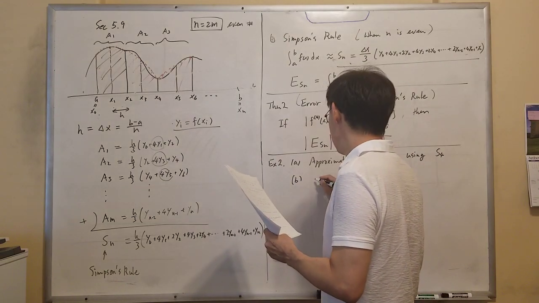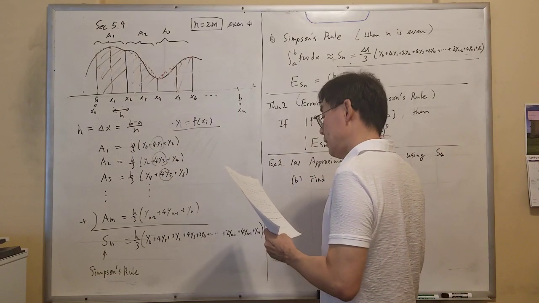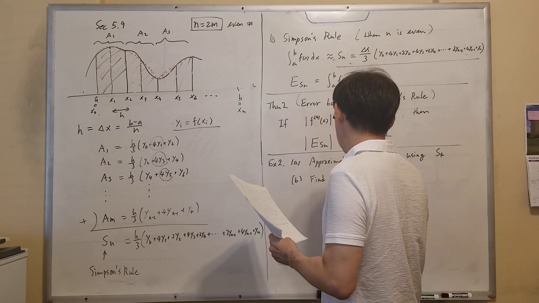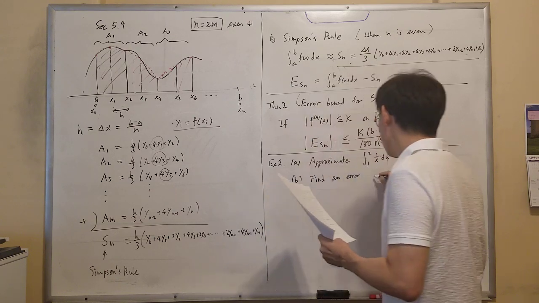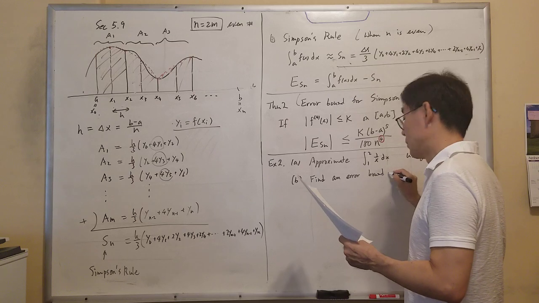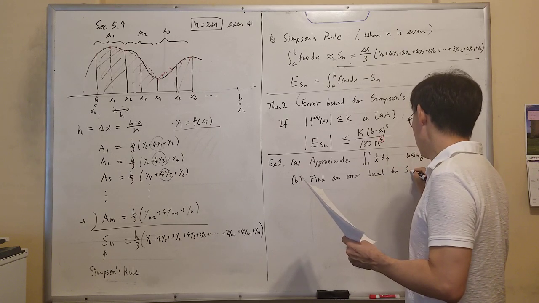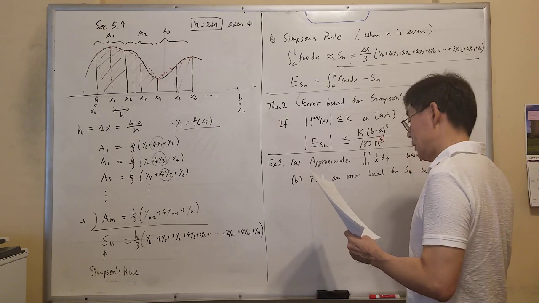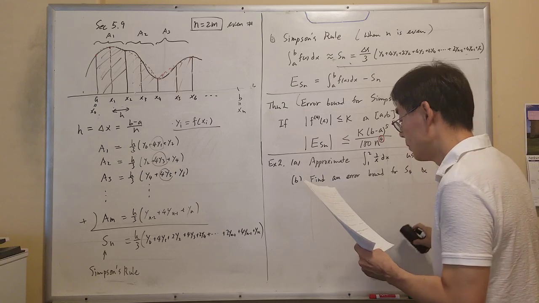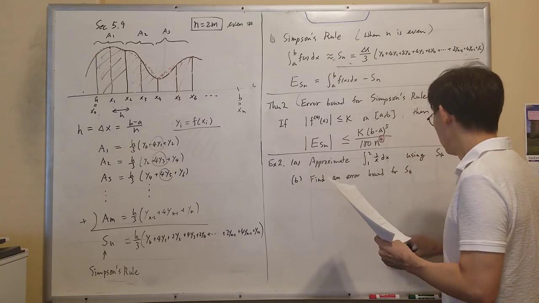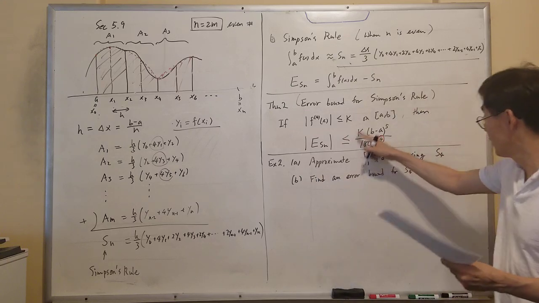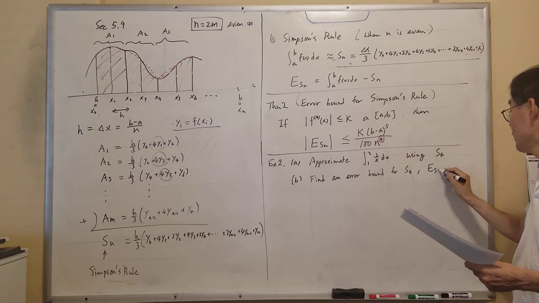B: find an error bound for S4, and that means this value and the actual error size.